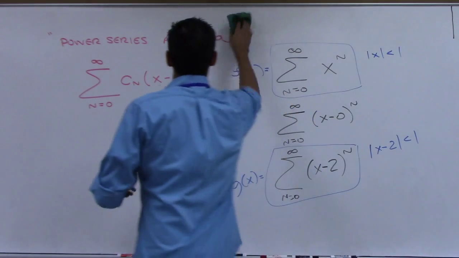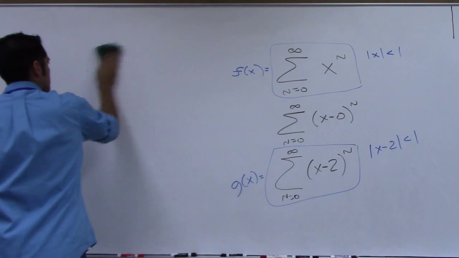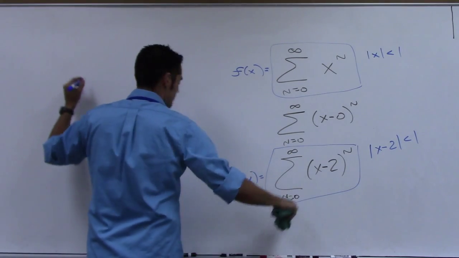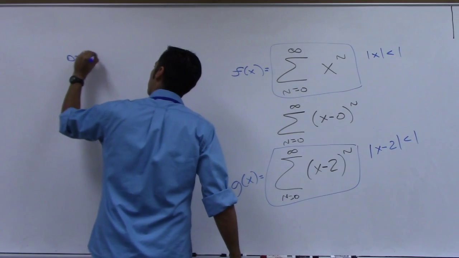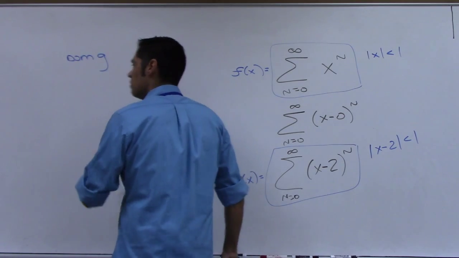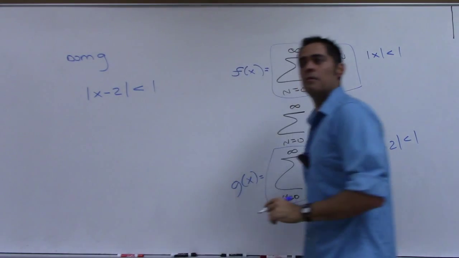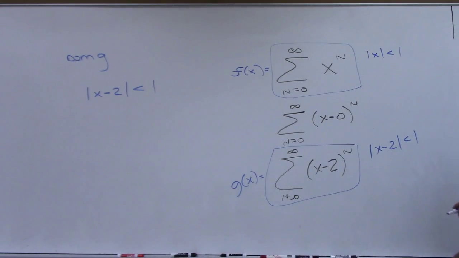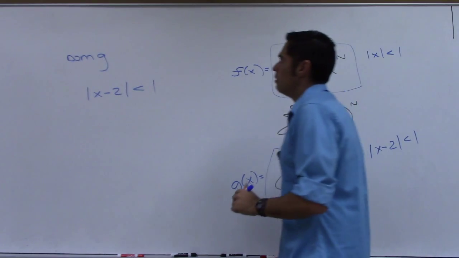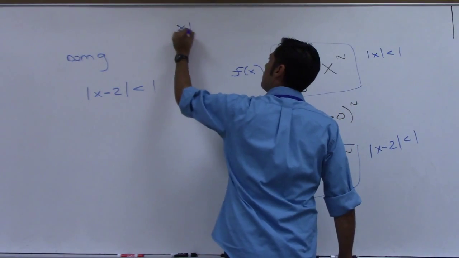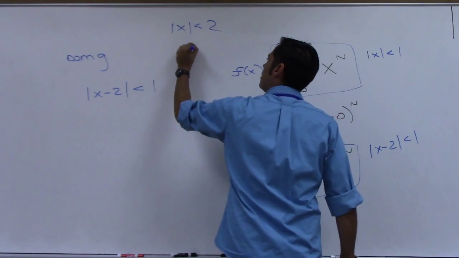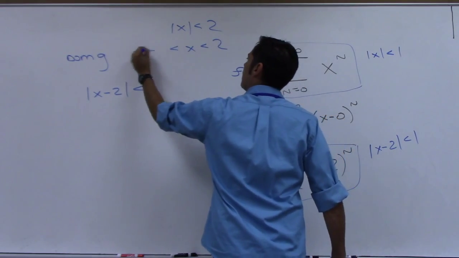I want to continue that over here. Tell me what the domain of G is. What's the domain of G in interval notation? We'll start with this. That's what we know, right? Do you remember what I did in the beginning of class? I said if you saw that, it turned into this, right?